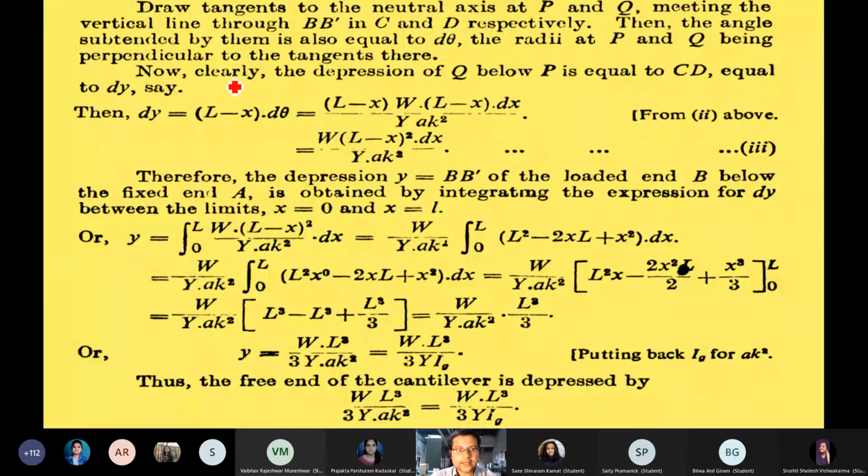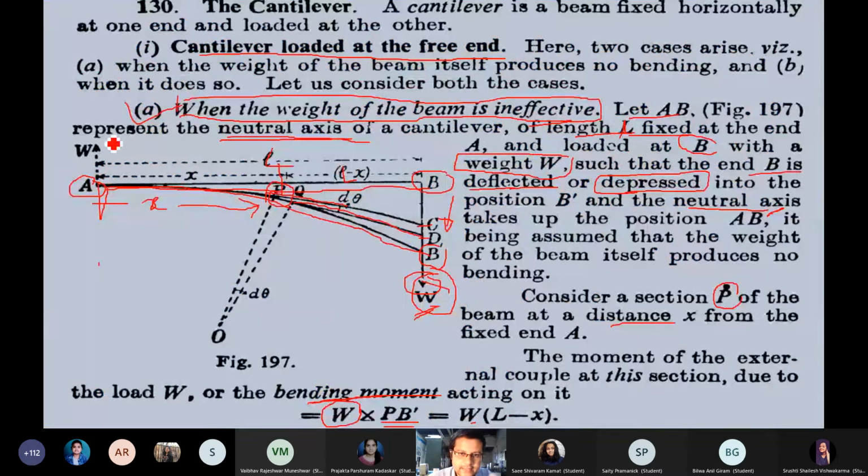So here the tangents are to be drawn to this vertical line, and that cuts at C and D, and they subtend the same angle d theta at P and Q, being perpendicular to this tangent. Therefore the depression of Q below P is equal to CD, and this is the magnitude we considered as dy. So just go to that diagram, you can see that.